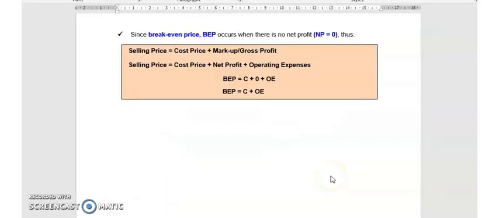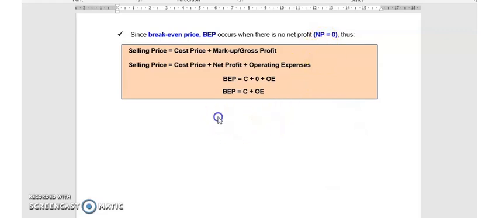Now let's look at another concept under retailing, which is break-even price. Break-even price occurs when there is no net profit, or we can say net profit equal to 0.